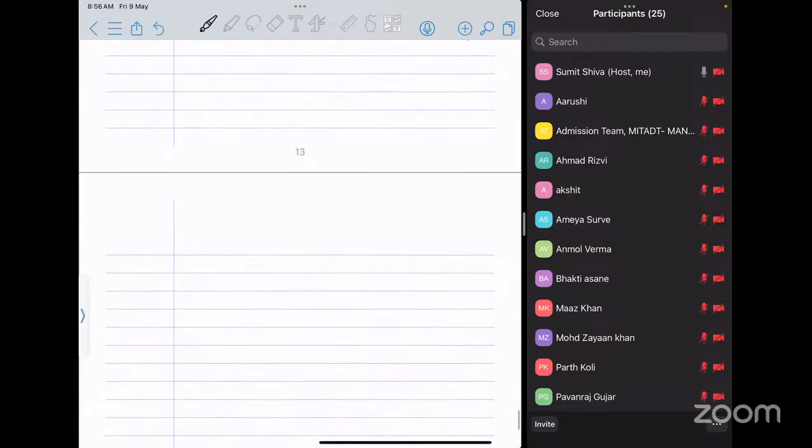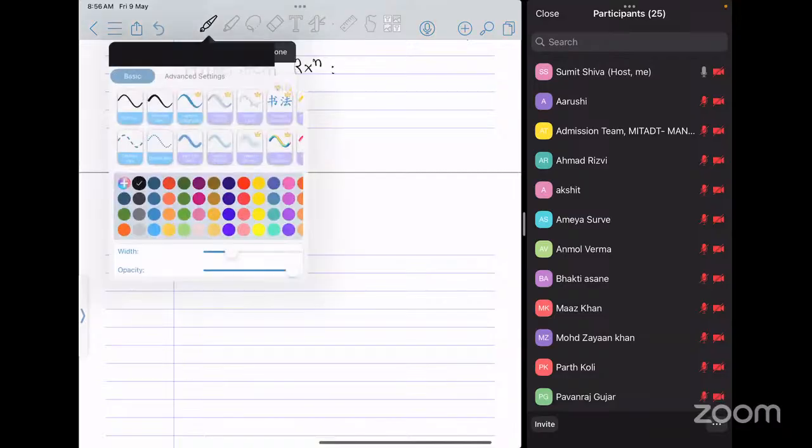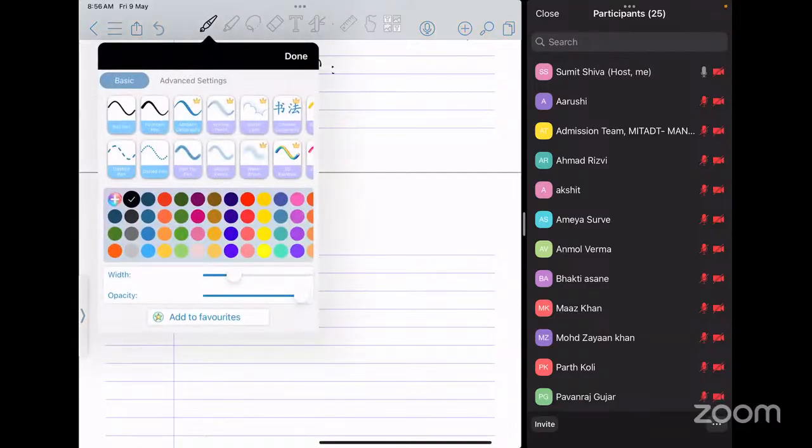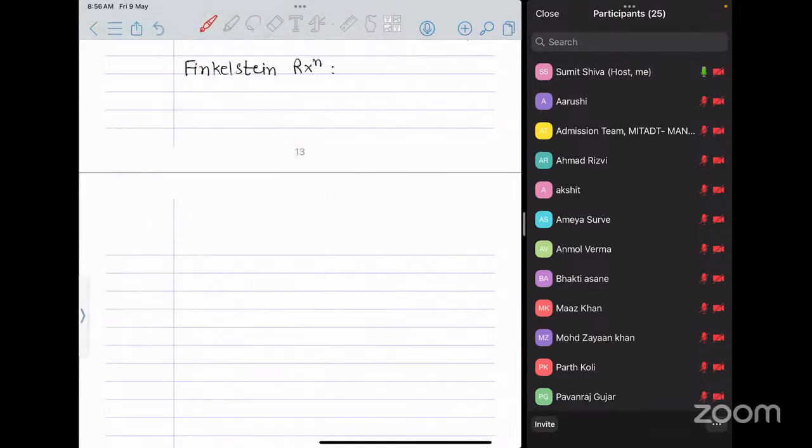There are some important name reactions. The Finkelstein reaction is especially used for the preparation of alkyl iodides.